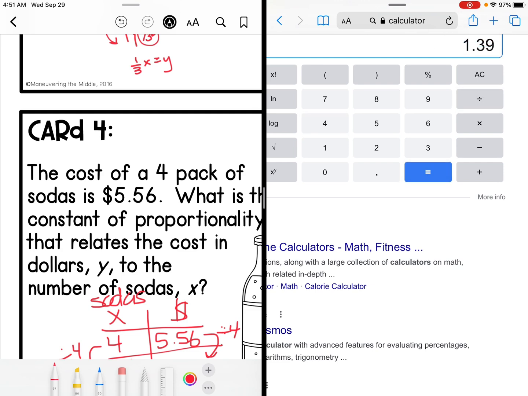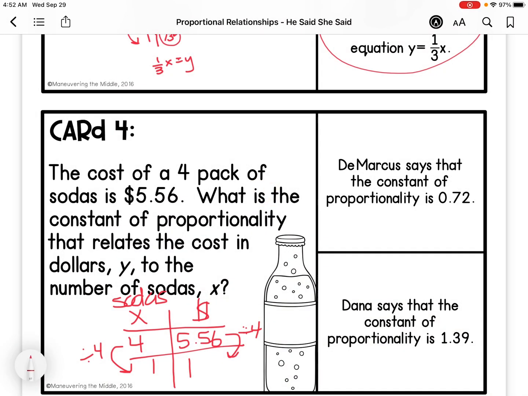I get $1.39. So Dana says that the constant of proportionality is $1.39. She's correct.